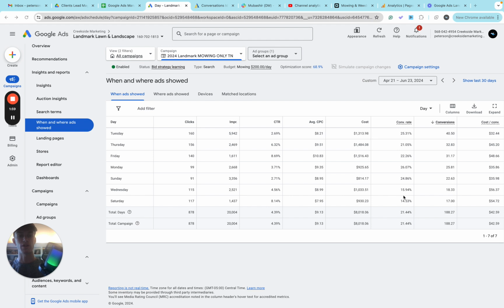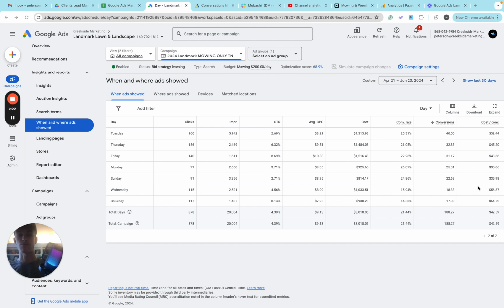So what we can do with this information is, if we had a very limited budget, we could exclude these 2 days because it's obvious that their cost per conversion is much higher than the campaign as a whole. As you can see here, we're looking at approximately 30% higher.